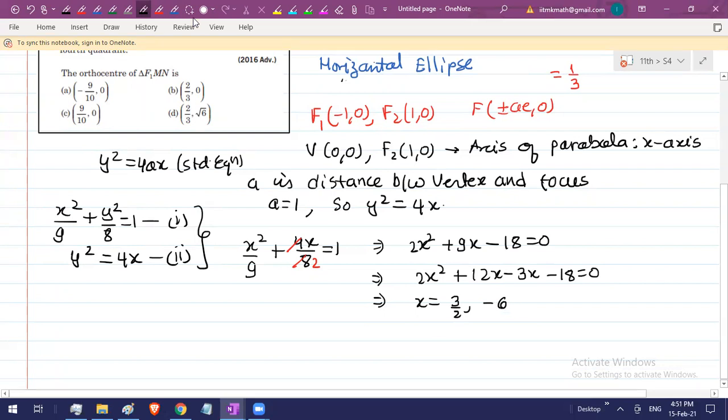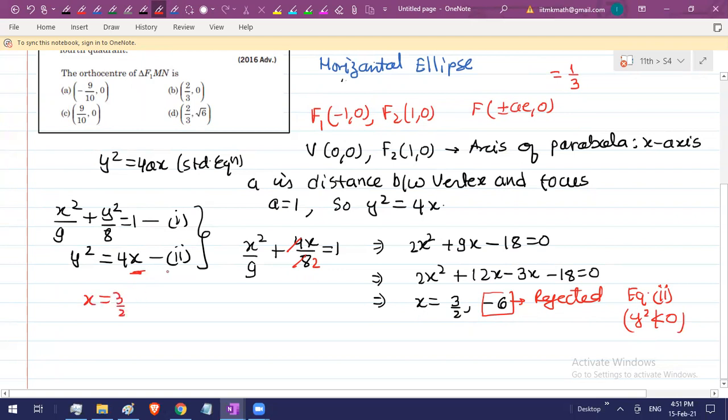This minus 6 is not acceptable, it is rejected. Why? Because in the second equation, if you put x is equal to minus 6, you will get y square negative, and y square cannot be negative. So only x is equal to 3 by 2 will work.